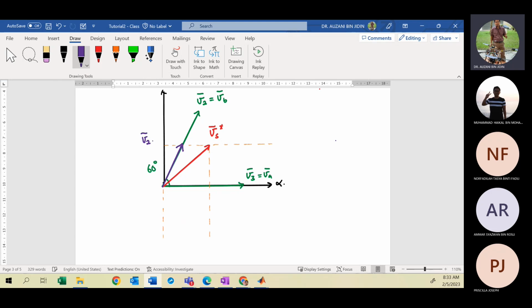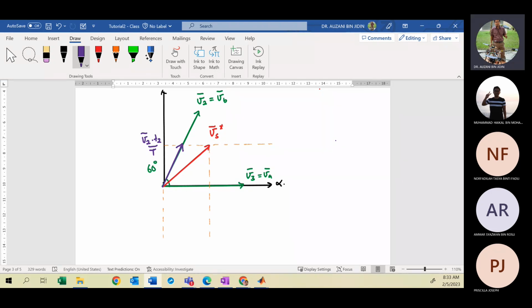V2 multiplied by its ratio, T2 divided by T. Is it right? The component vector in blue color, where you need to multiply V2, because it has the same angle as V2, by its ratio, T2 divided by T. So V2 T2 per T.